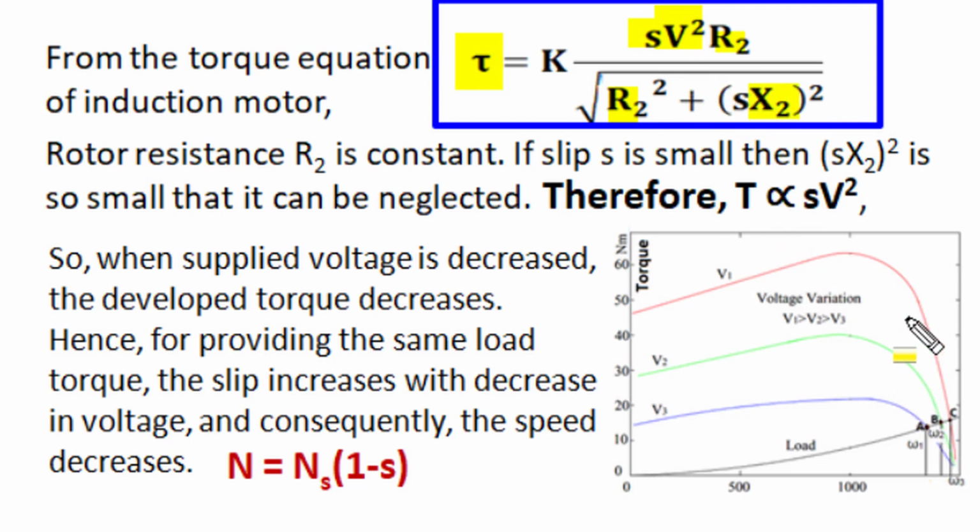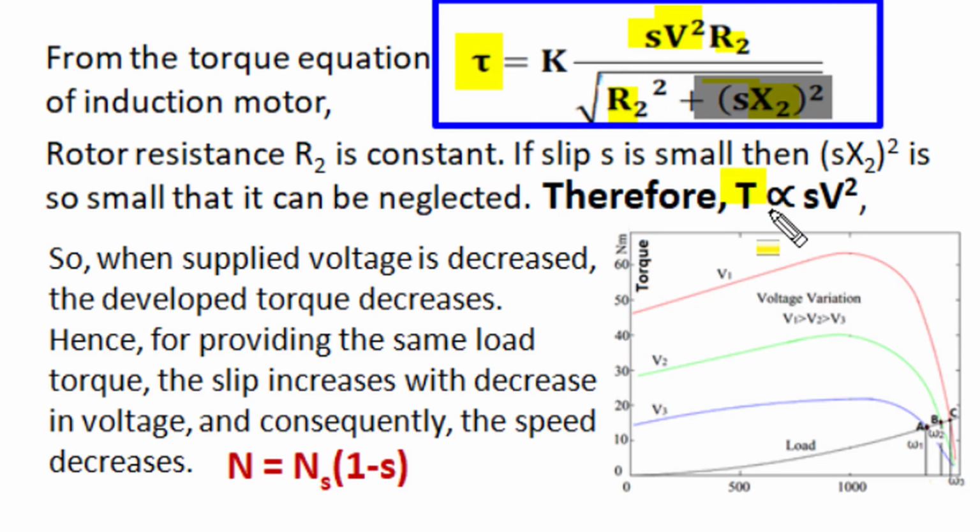In normal running condition from no load to full load, the slip of the motor is so small that at slip frequency the rotor leakage reactance sX2 is small compared to the per phase rotor resistance R2. So we can neglect the square of sX2 in comparison to R2 square, and when that black highlighted sX2 is neglected, we can simplify the torque and slip relation.